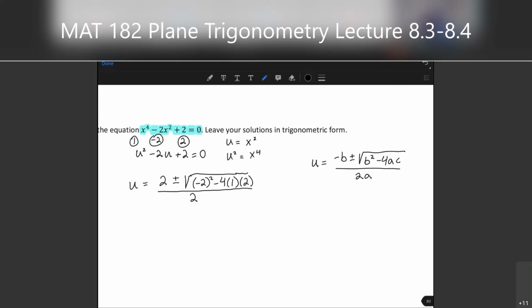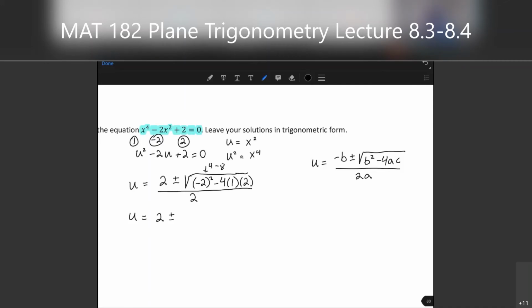So if we consider all the business in the square root here, what value are we going to get inside of that square root when we simplify? 4 minus, looks like 8.